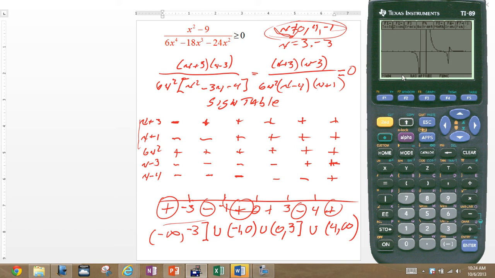And as you can see, from here we've identified a positive region from -3. Now you say, I don't even see the graph. No, it's probably riding the axes all the way out. But we'll look at our table and try to determine that. And it definitely goes negative between the -3 and the -1 here.